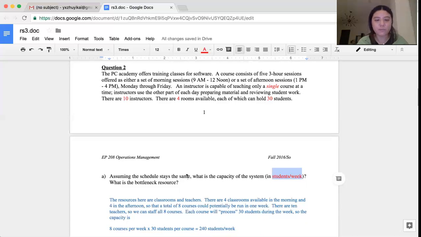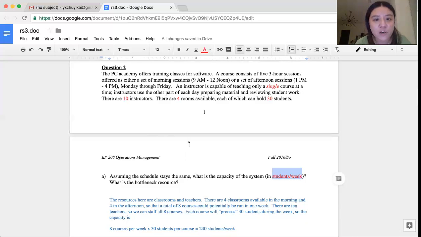So from the problem, students are like the product, and we need to calculate the capacity of the system, which is how many students can be taught during the week. And the resources here are the classrooms and the teachers.